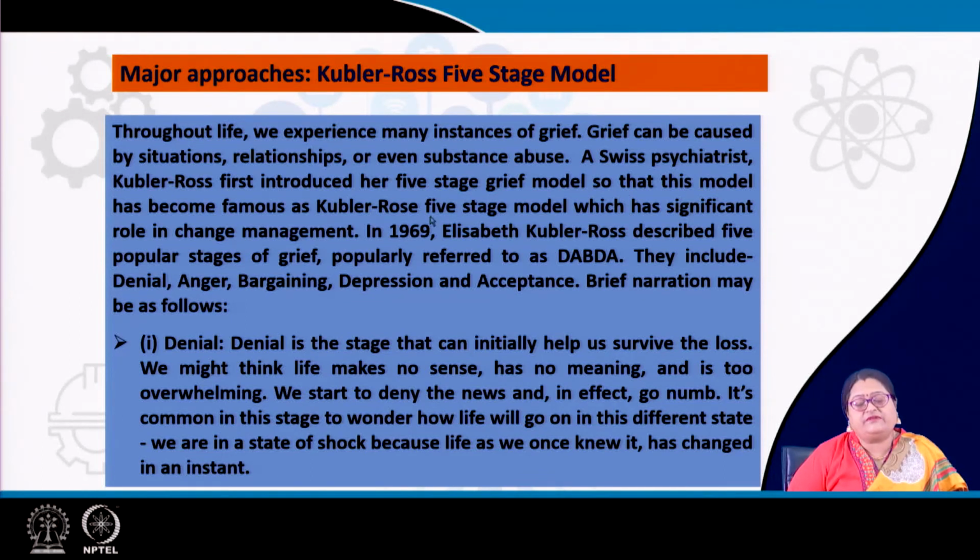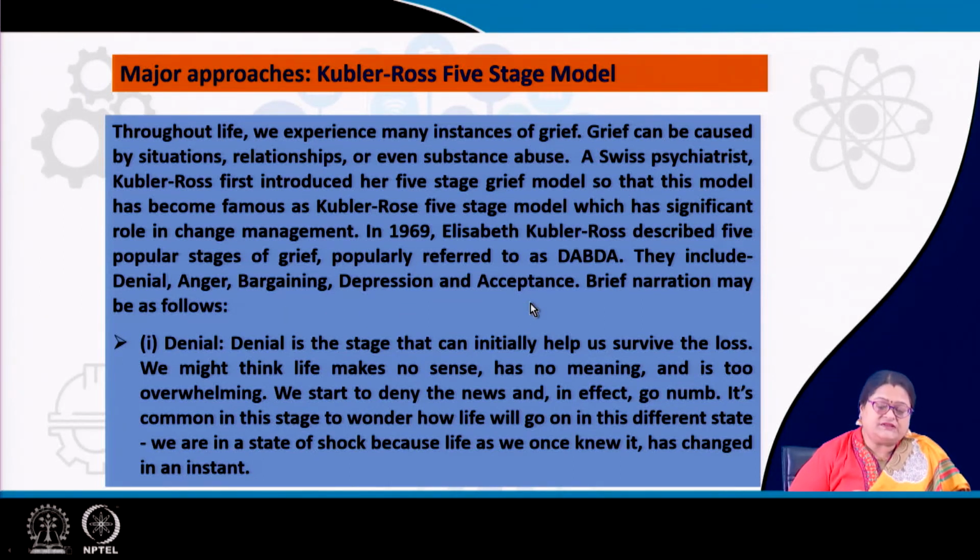Grief can be caused by various factors in life, like situations, relationships, or even substance abuse. Kubler-Ross described five popular stages of grief, known as DABDA. They include denial, anger, bargaining, depression, and acceptance.